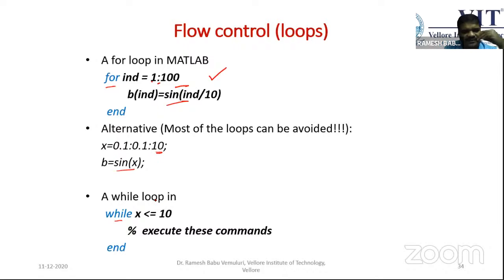Then the while loop. Here you see while x is less than or equal to 10, till this condition is true, it will continue. Let us say I give x equal to some matrix, 1, 2, 3, 4, 5, 6, 7, 8.